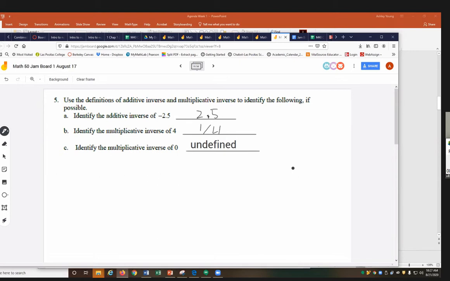No, because you'd say, I'm going to multiply it by its reciprocal. If you made this 0/1, you multiply it by 1/0, but any number divided by 0 is undefined. So that's undefined.